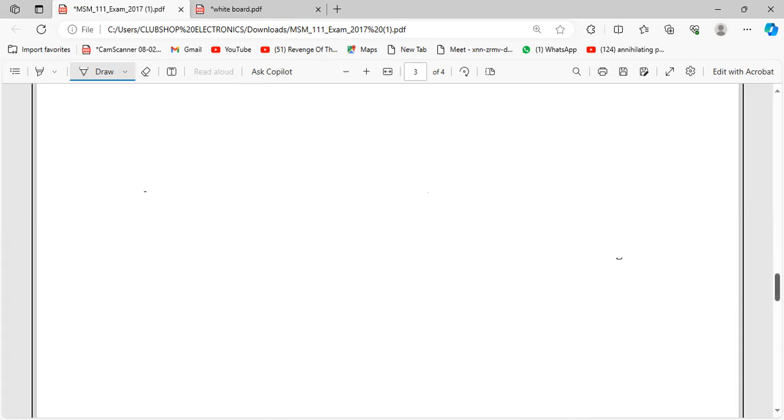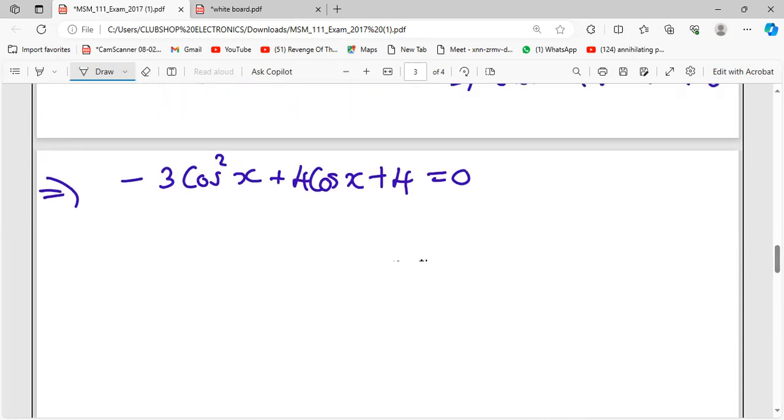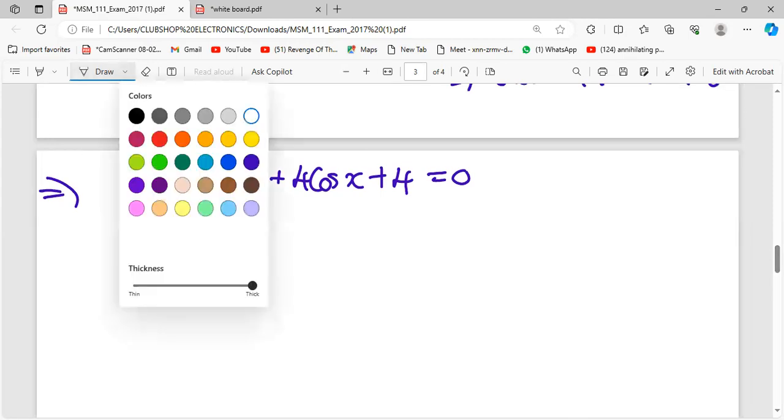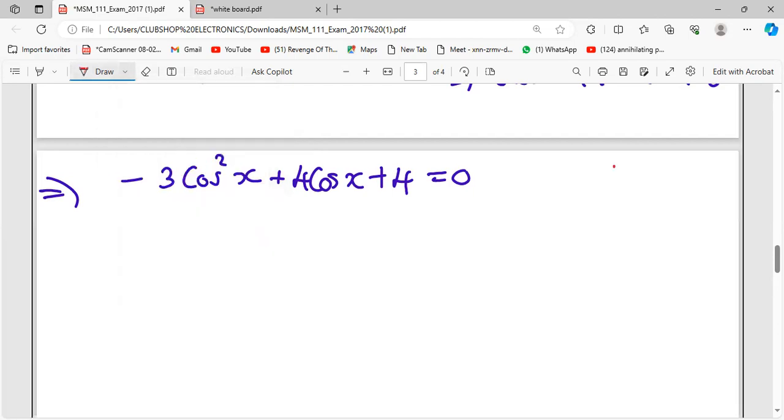Okay, so we can proceed. Now we can multiply throughout by negative 1.